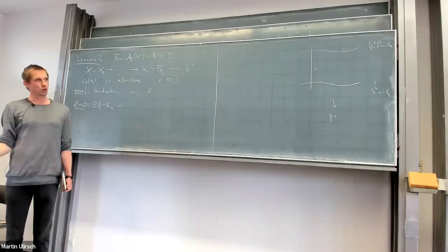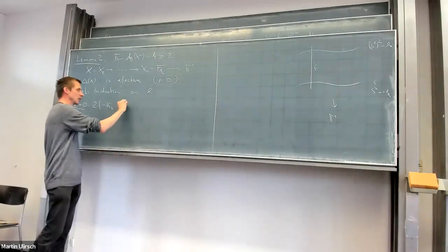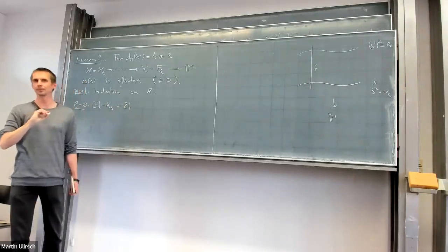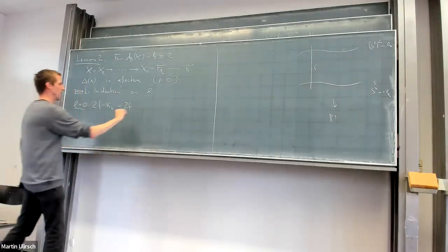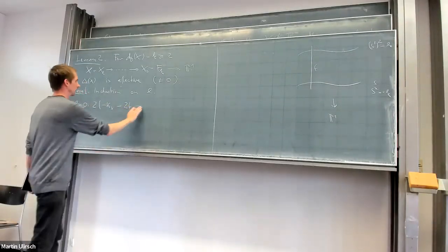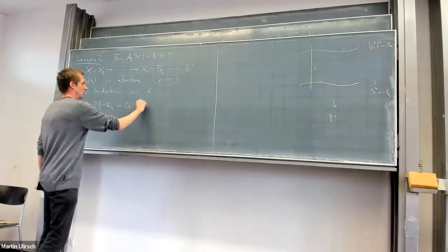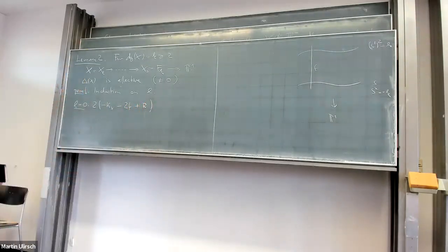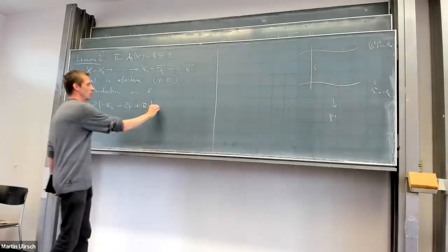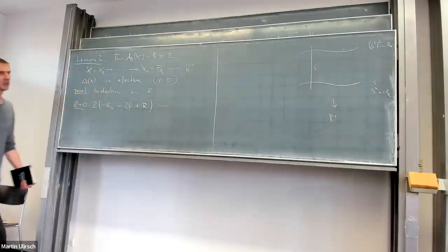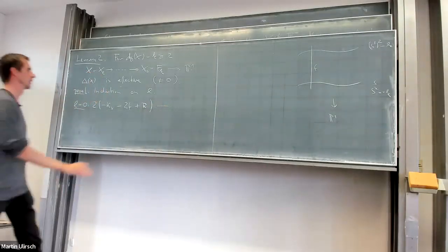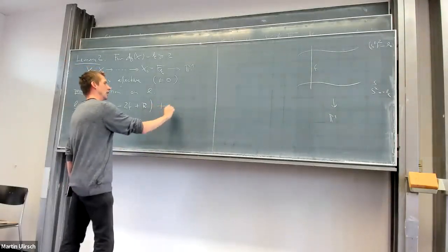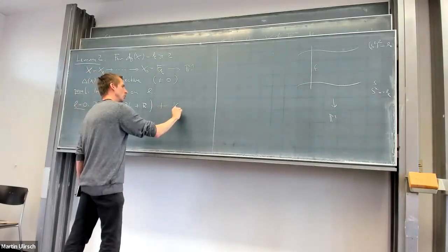But this is just 2 times a point class. So what we get here is 2 times the class of a fiber. And then this had a correction term, this ramification divisor, and then we subtract minus the anti-canonical divisor, so in other words, we add the canonical divisor.